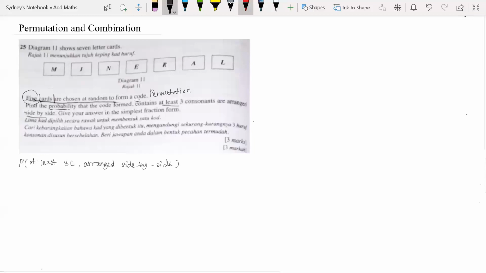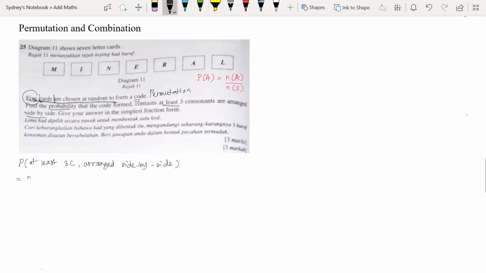Now, to understand how to find the probability of any event, let's say A, we take the number of ways event A can occur over the number of total possible outcomes. So over here, it's the same thing.